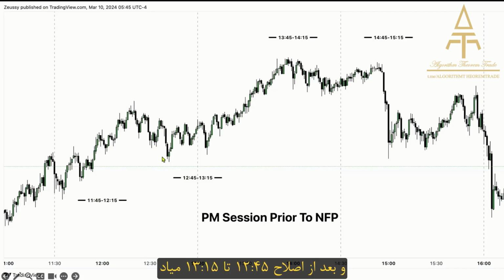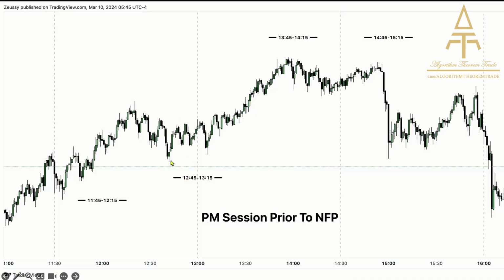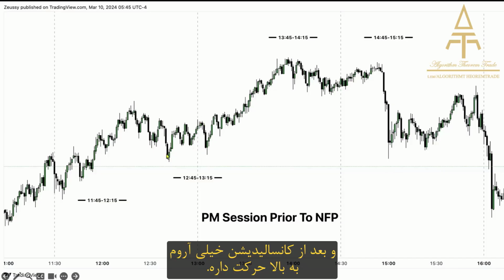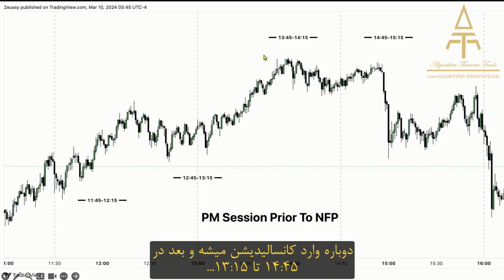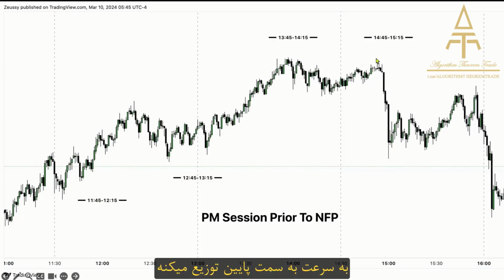And then it retraces, 12:45 to 1:15 comes along, consolidation, very slow repricing higher, repricing higher, 1:45 to 2:15, market turns around very slowly and it goes sideways, it consolidates, and then between 2:45 to 3:15, a few minutes of distribution occur, market reprices lower aggressively.